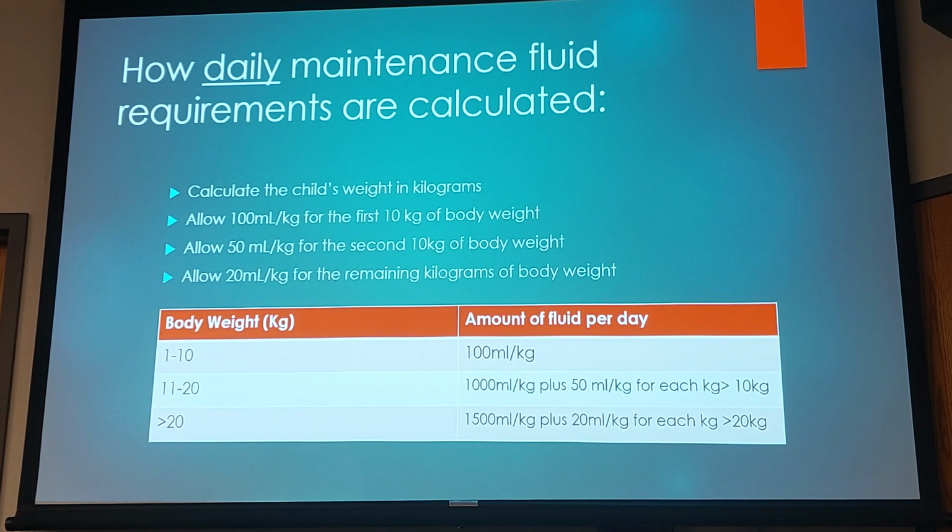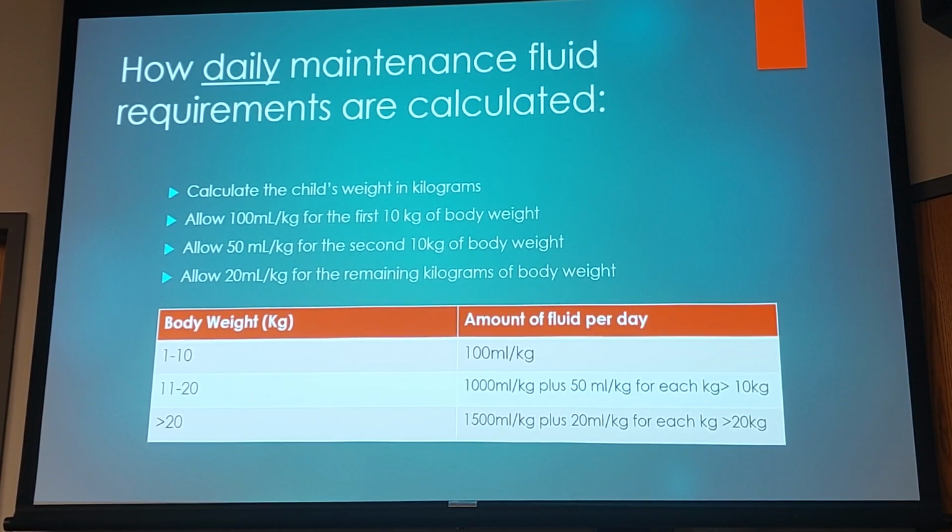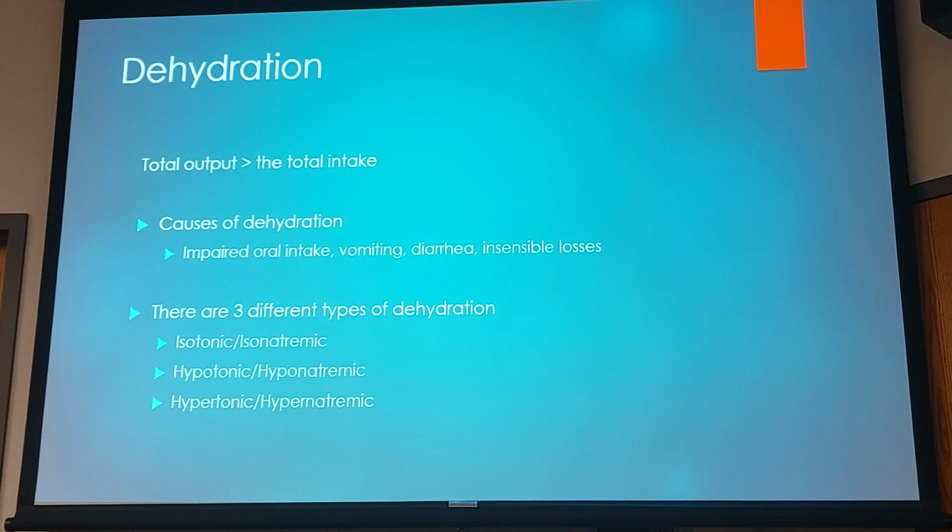So they might try that, and then whatever's left over of the estimated loss, they'll throw in their IV fluids. Then they divide it by 24 hours, and you get your hourly rate on your pump. Not so bad, right? So that's how we calculate the maintenance requirement.